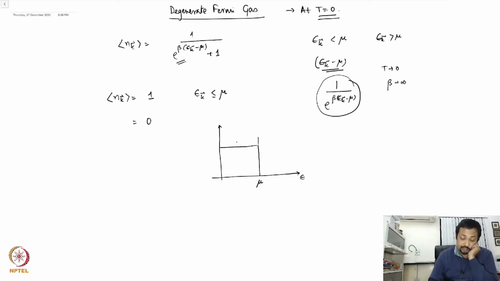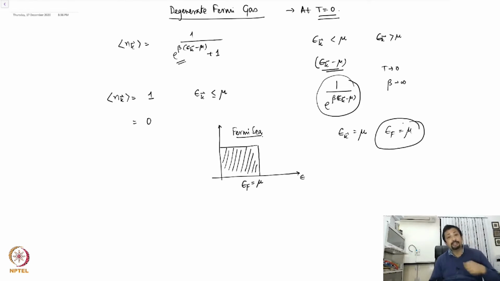And these completely filled levels define my Fermi sea. All energy levels up to epsilon_k equal to mu are completely filled at T equal to 0, and therefore at T equal to 0 the Fermi energy equals the chemical potential of the system.